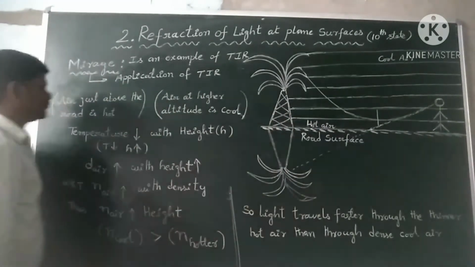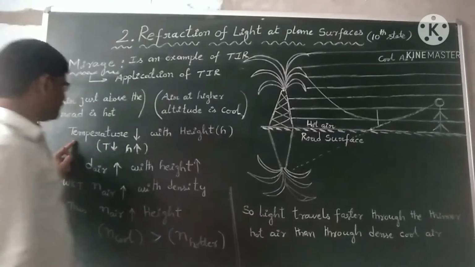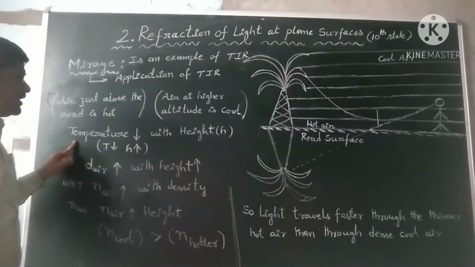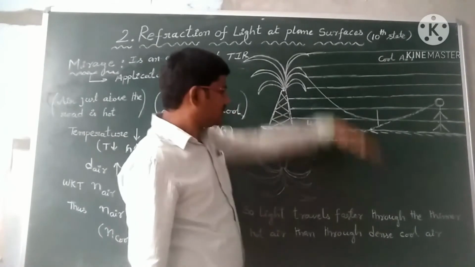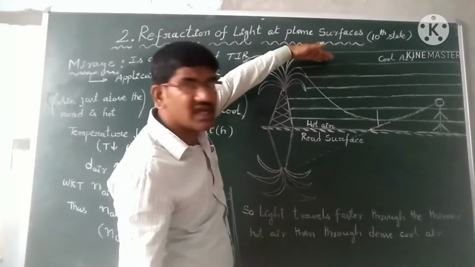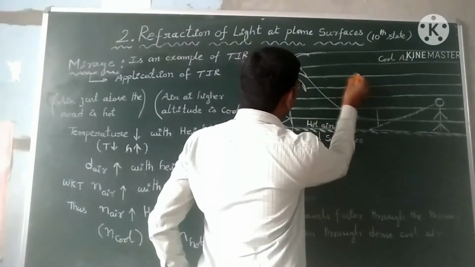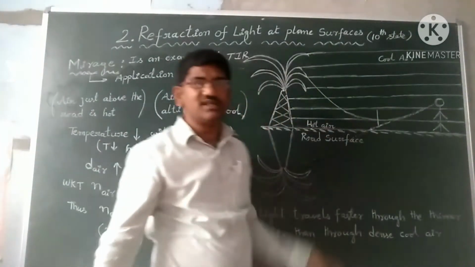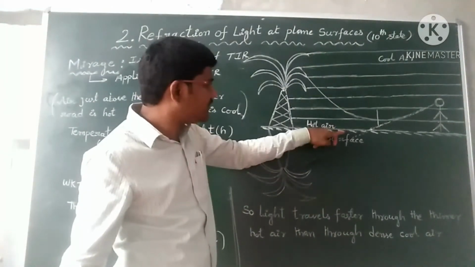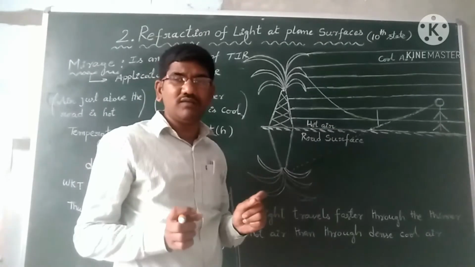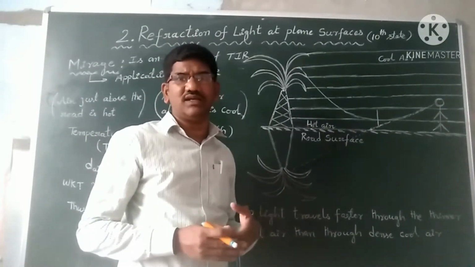So that means the temperature of the air decreases with height. If we divide this height into different layers of air, the air just above the road, which is in contact with the road, gets heated faster and faster in the daytime.